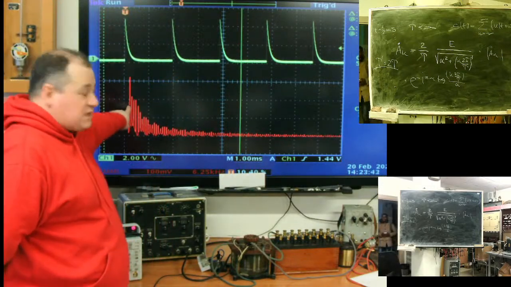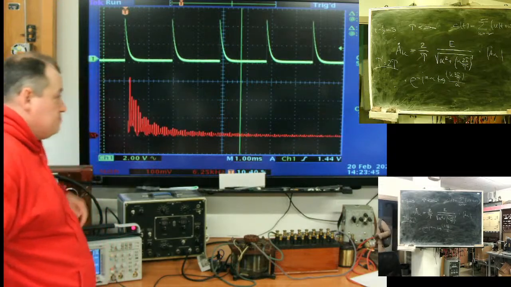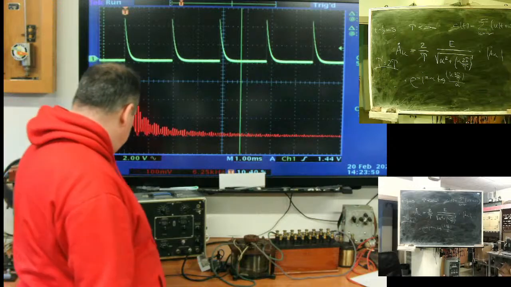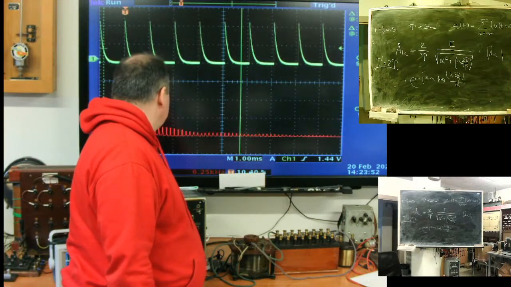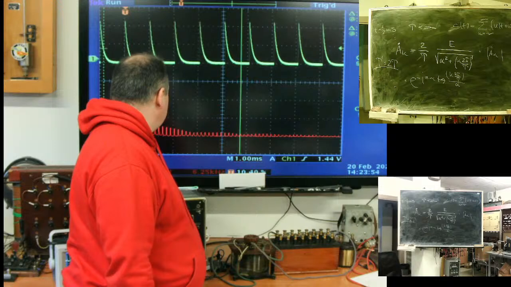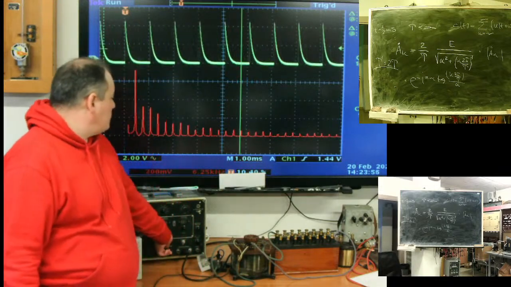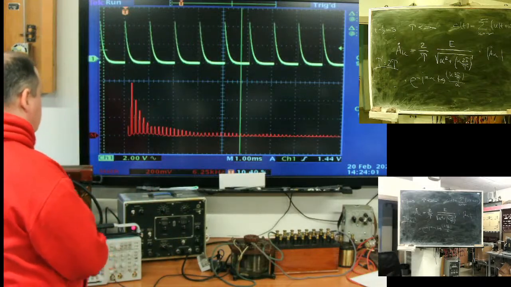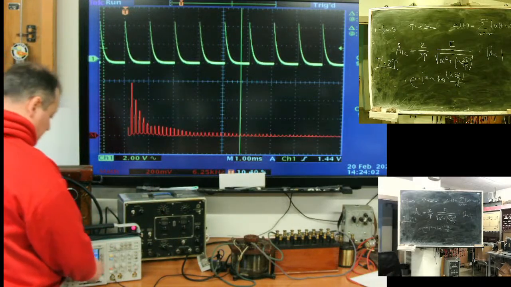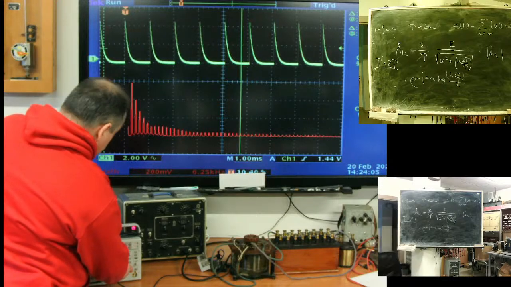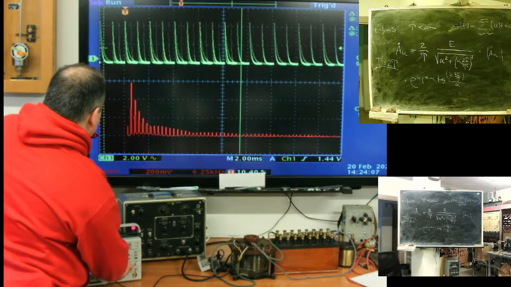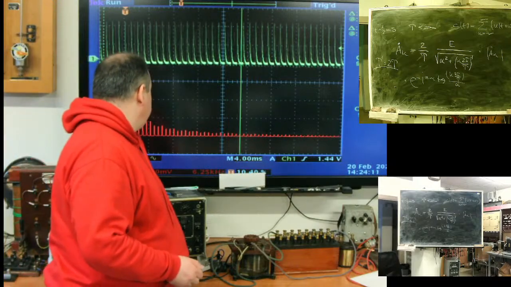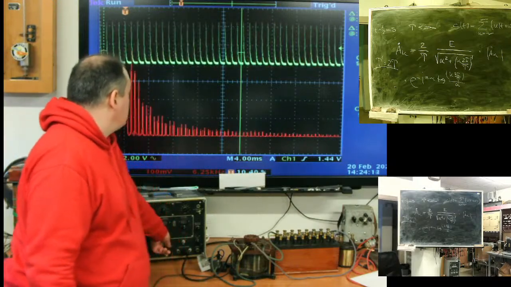What happens with spectral lines? You see this? More points for the cut points. You'll see it clearly.